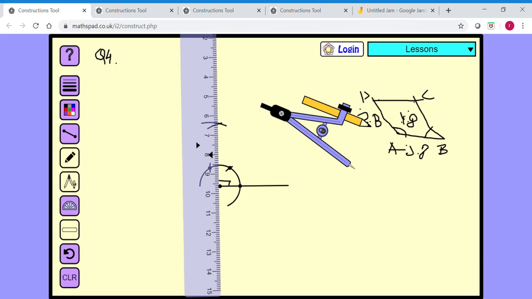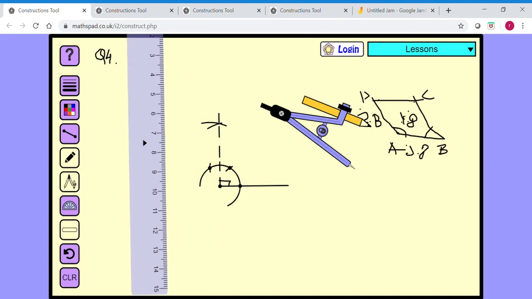Chalo, let me try and draw a dotted line. Done. I've drawn a dotted line.